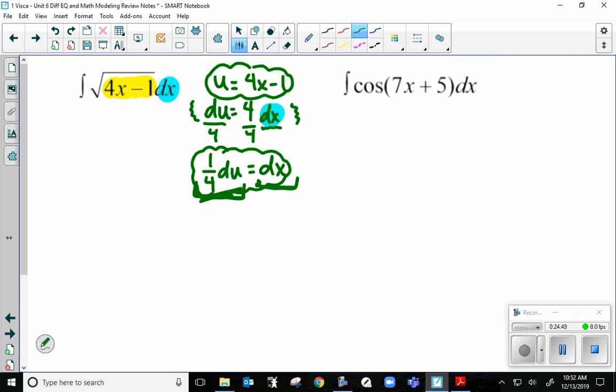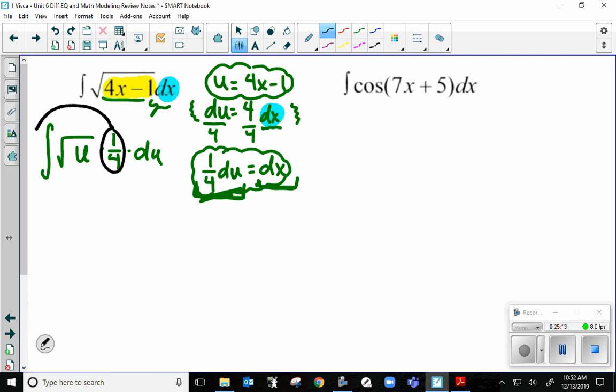Let me explain. I'm going to integrate the square root of 4x minus 1, which is u. Now, what I put in for dx is not du, it's 1/4 du. And what do our rules about constants say? We can take a constant out, integrate, and then multiply the constant back in. So it is 1/4 times the integration. I'm going to change my square root sign to an exponent.